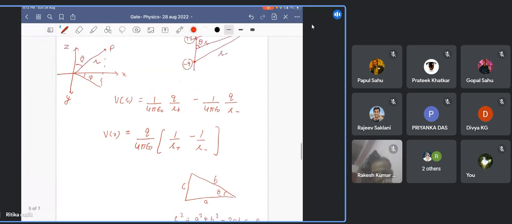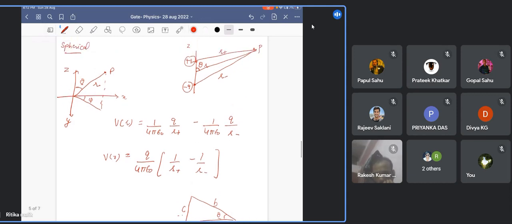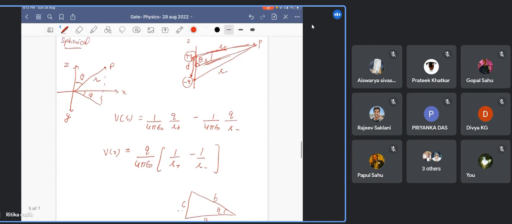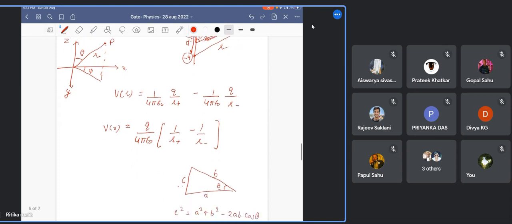In our case, we want to know r plus in terms of r, and we know that the distance between the charges is d, and half of it is d by 2 here. We just want to know this r plus in terms of d and r.